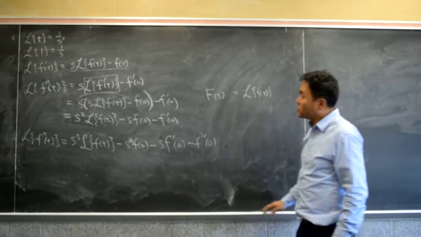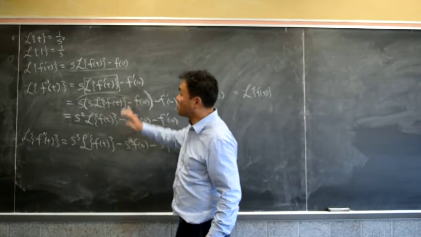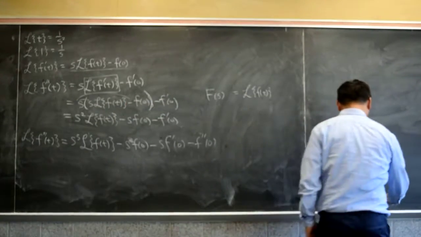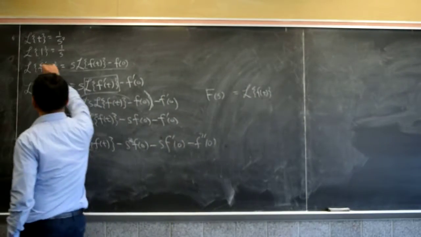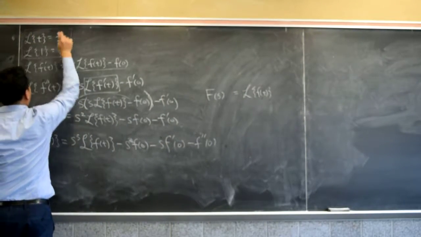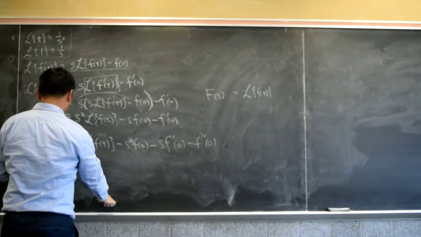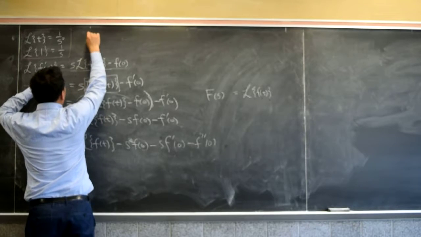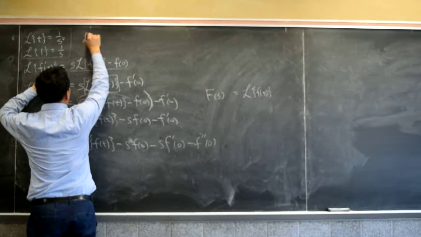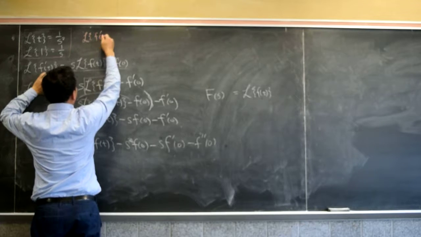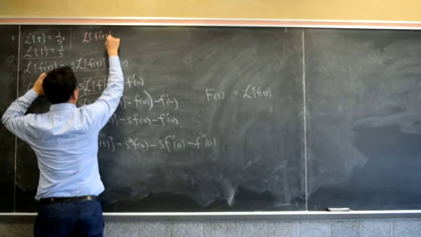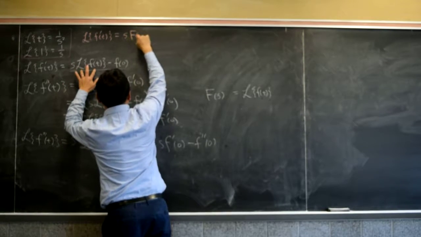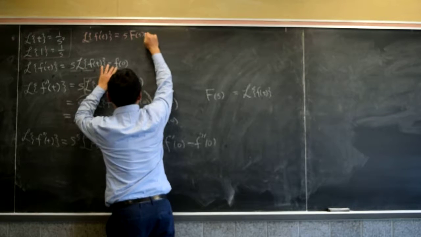And because this formula looks horrible, people usually write it in the following format. Let me write in red. So we have this. Using that terminology, we can say the Laplace transform of f prime of t is s times, instead of this, capital F of s minus f of 0.